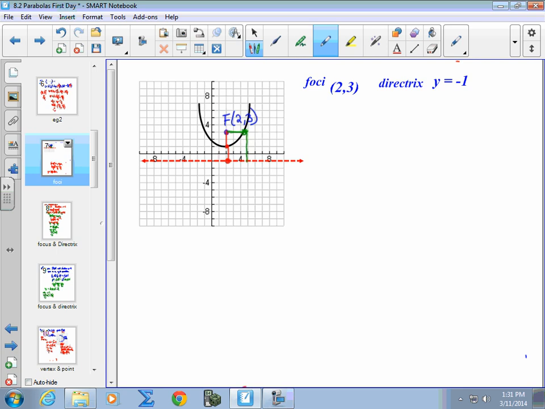So what that means is if we find this distance, we call this x, y. Find that distance, it would be the square root of x minus 2 squared plus y minus 3 squared. That equals the distance. And this point right here is still x and y is -1.